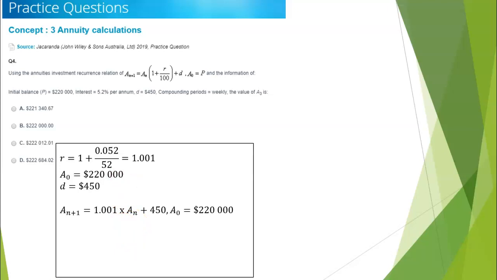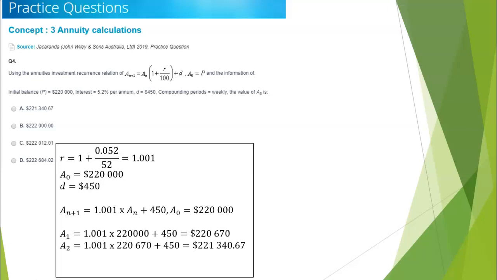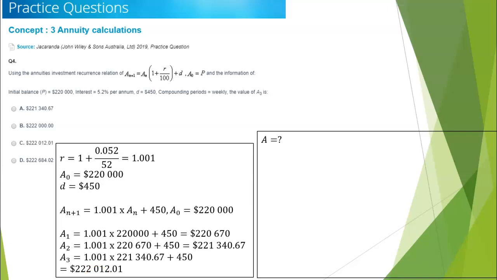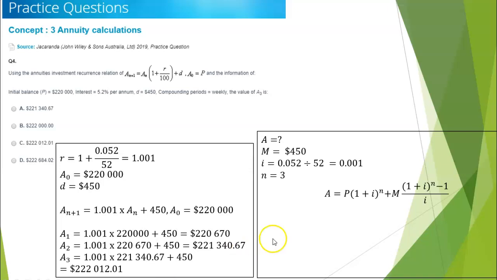So A1, A2, A3. Now I could also do this using the future value equation. So put down the same information that I had before.